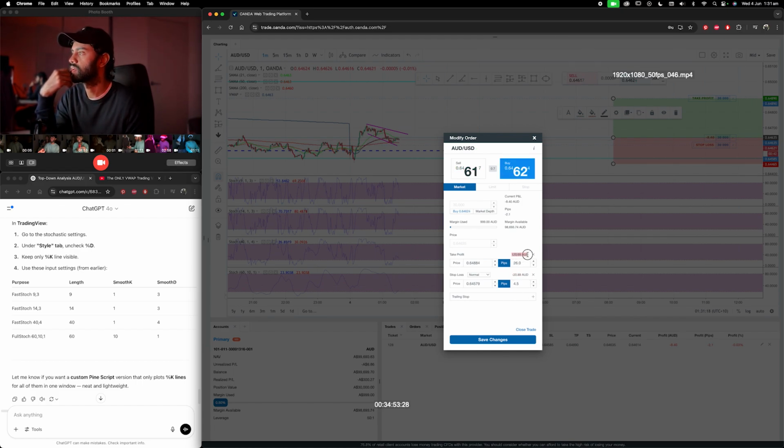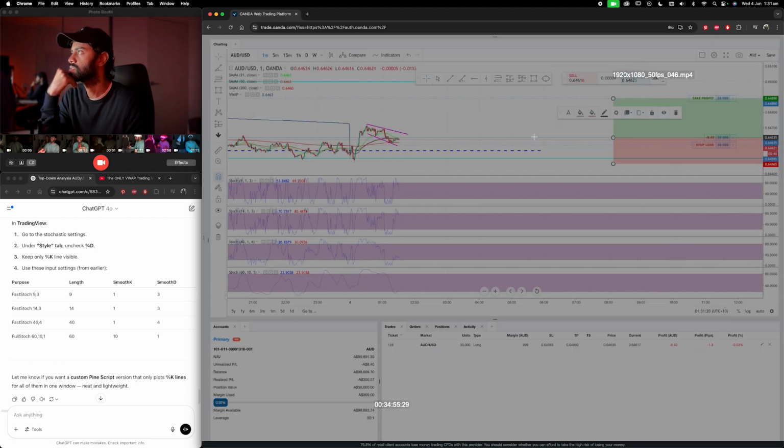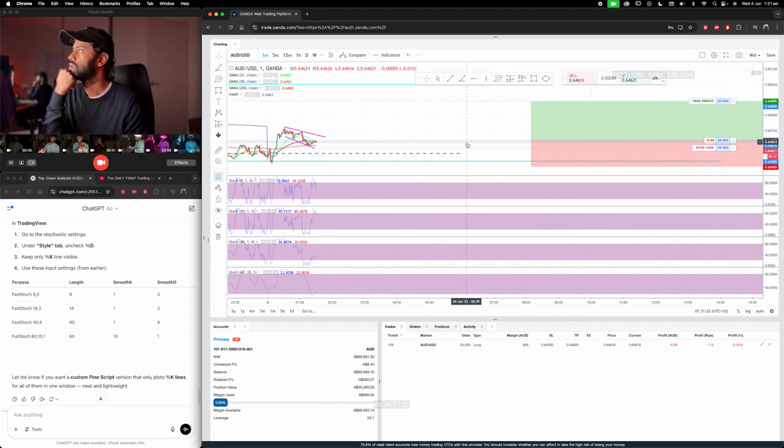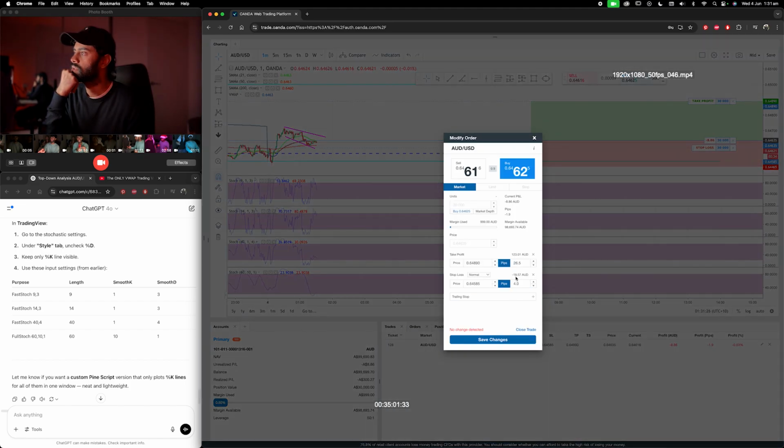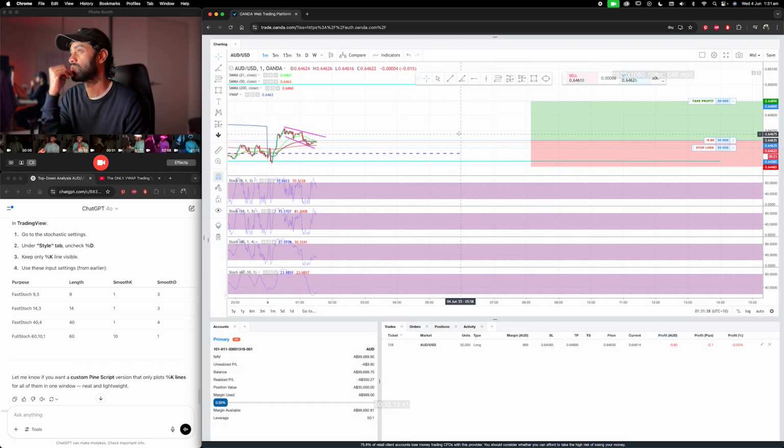If I win this trade, I'll win 120 bucks. I've already lost $8, so about $28. But if I win, I'll win 120 bucks.